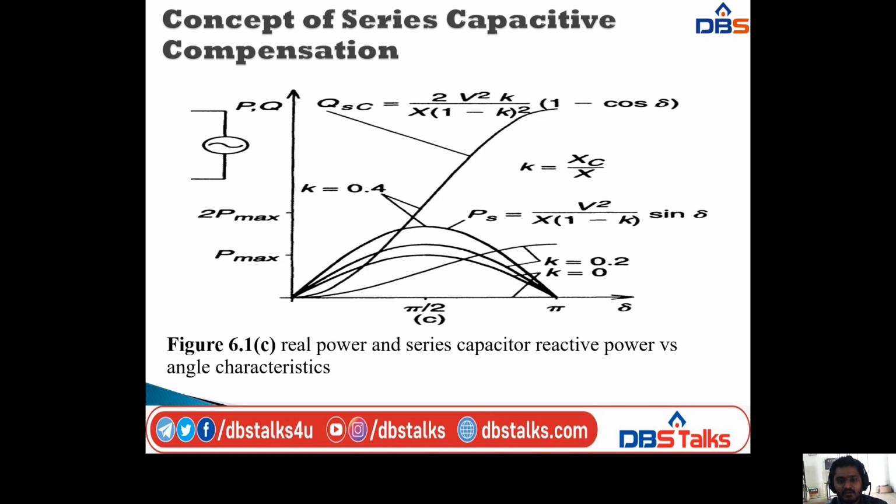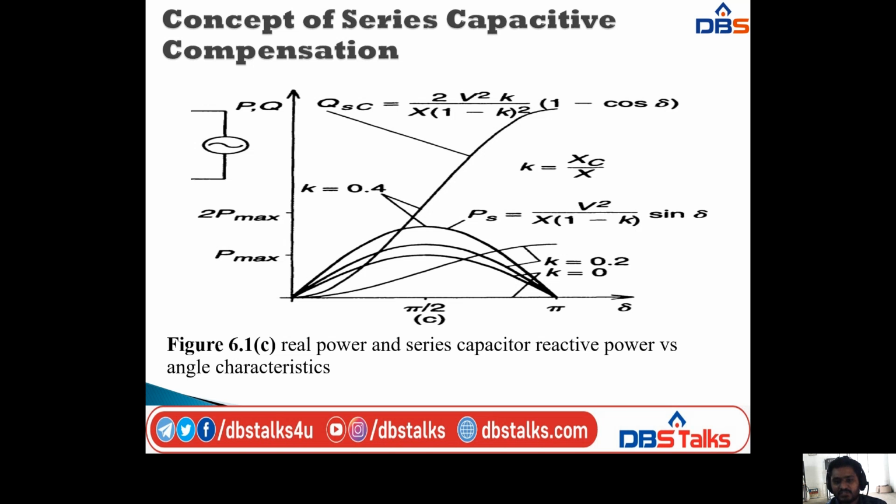Here we draw a total of 5 curves between angle delta and the real and reactive powers of the series capacitor. That is why I am taking the power P maximum and 2P maximum. The first curve is drawn for delta between 0 to pi, and another curve is drawn between the same 0 to pi.